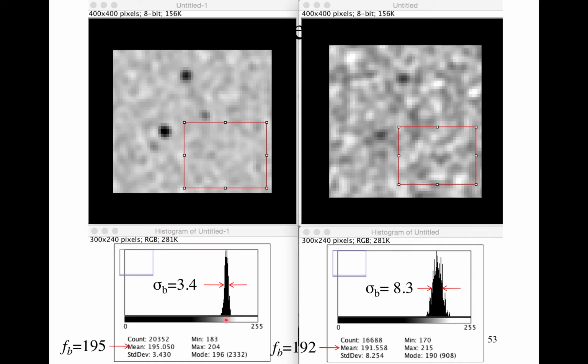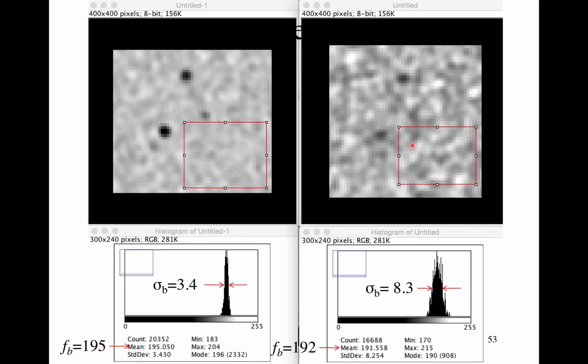It's around a mean of 195, plus or minus, and we assume this is a Gaussian distribution, a normal distribution, with a sigma value of 3.4. The sigma value tells you the spread of random values in that background.